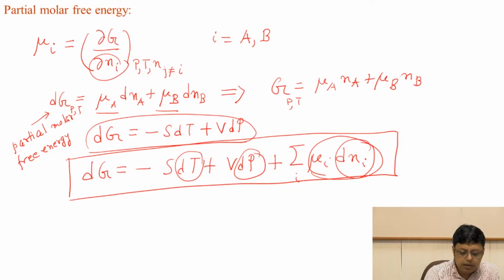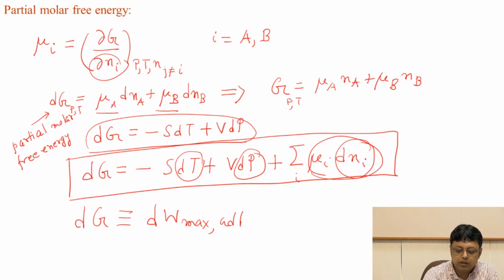Now remember that we also discussed that dG can be equated to the maximum additional work. By additional work, we meant that it is a non-PV work.